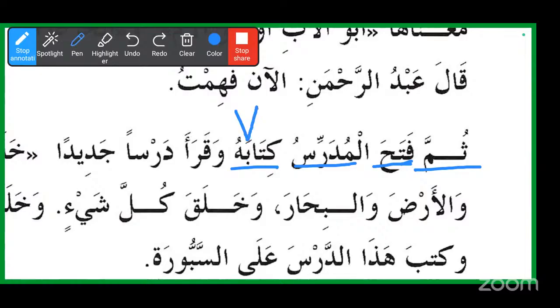Kitabahu, not kitabuhu, because kitab is the object and the object is always mansoob. ثم فتح المدرس كتابه. Then the teacher opened his book. Kitabuhu also means his book, but it is in the halat al-rafa. Here we have it in halat al-nasab because it is the object.